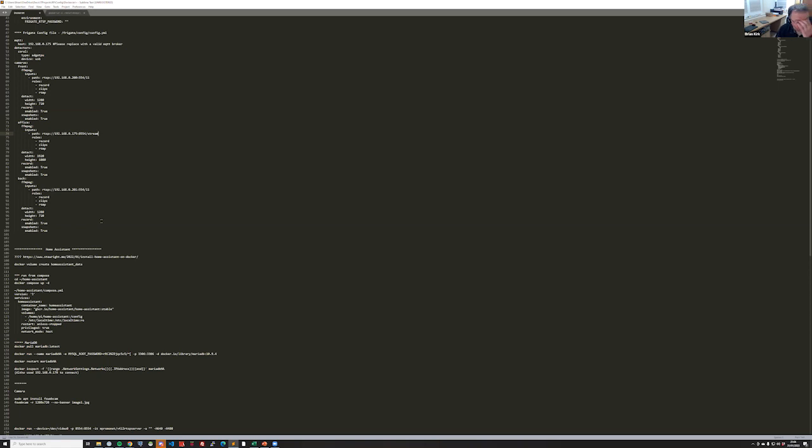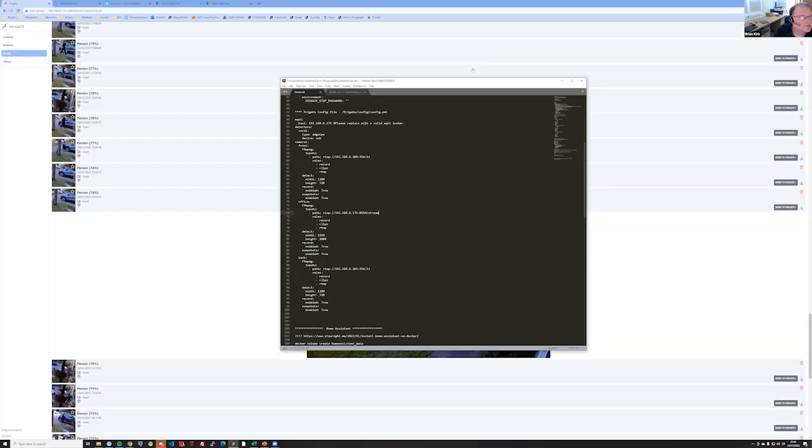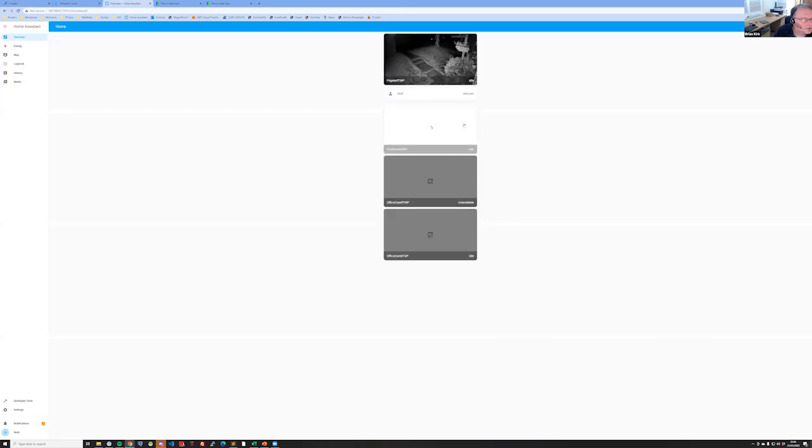But it's the one good thing with this: it consumes an RTSP feed, but it also publishes out a stream as well. So I can, for instance, consume it back into Home Assistant over here.